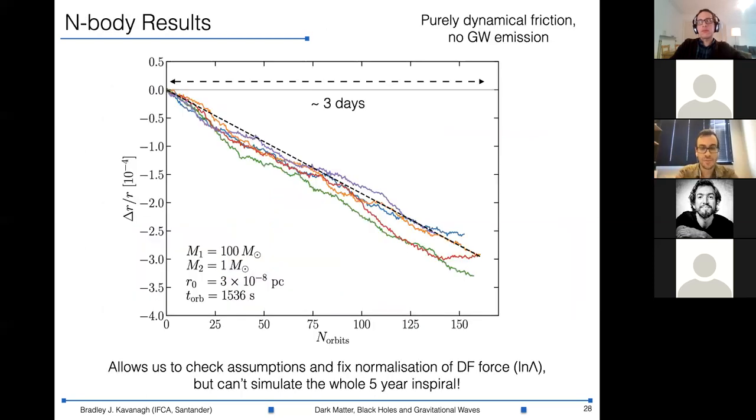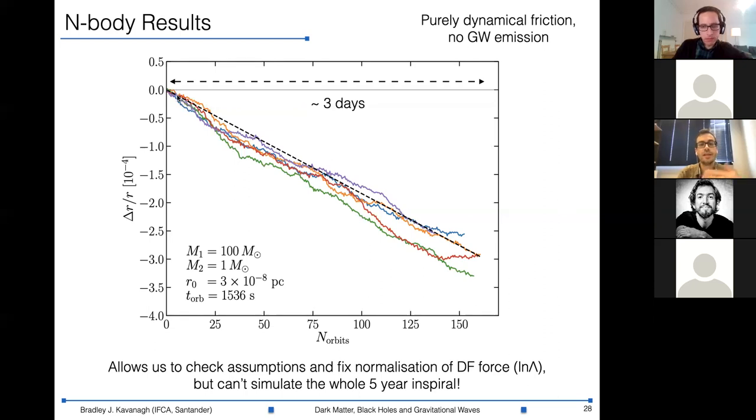And so these are some of the results from these numerical simulations. Here I'm showing the fractional change in the radius of the orbit as a function of the number of orbits. Each different colored line is a different random initialization of the system.